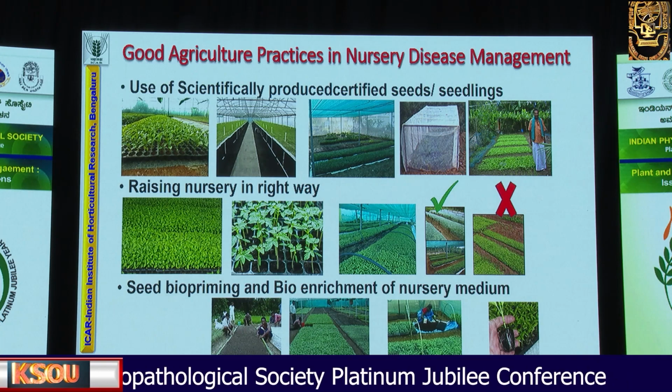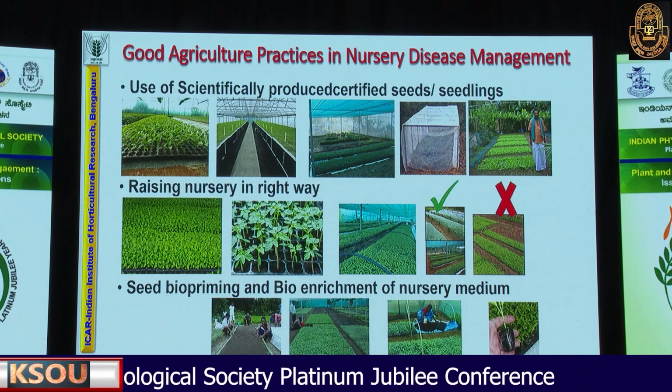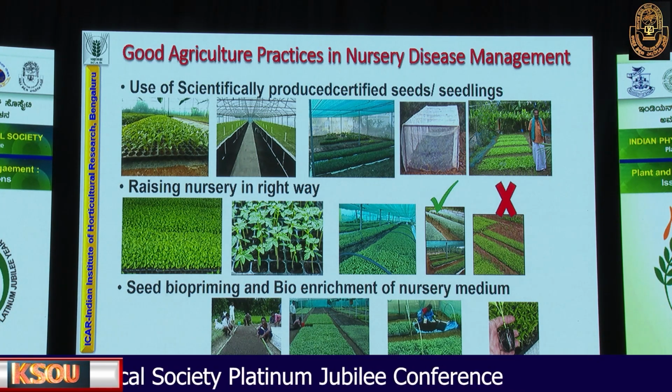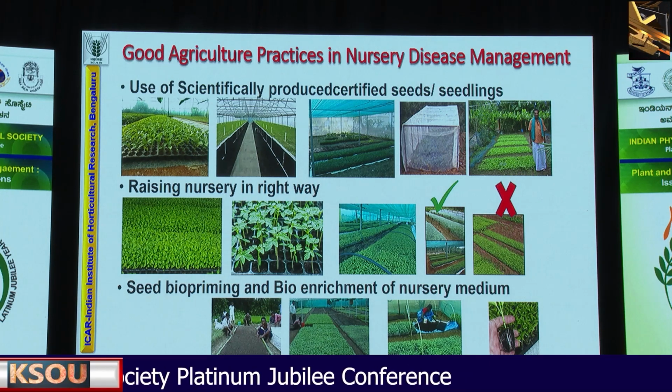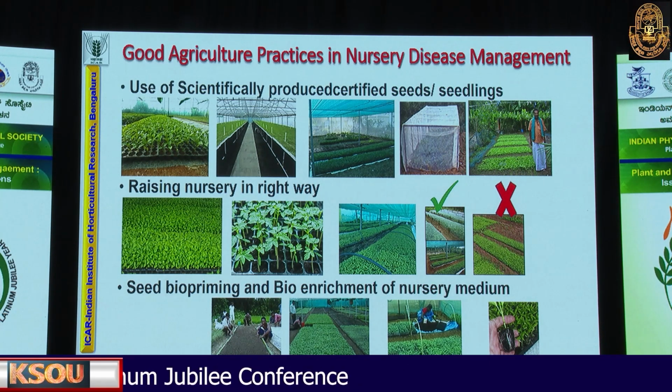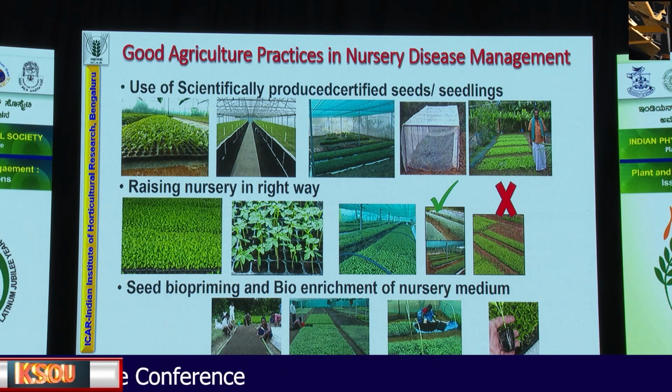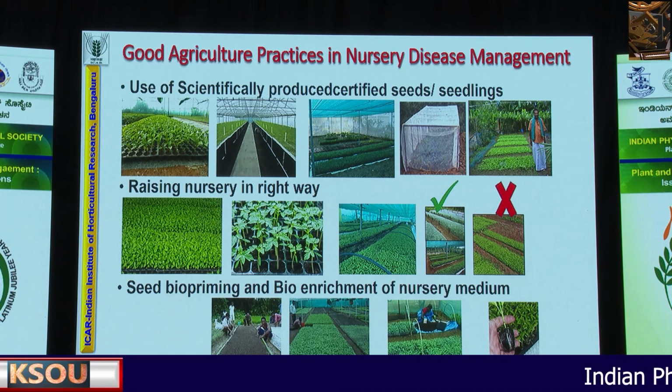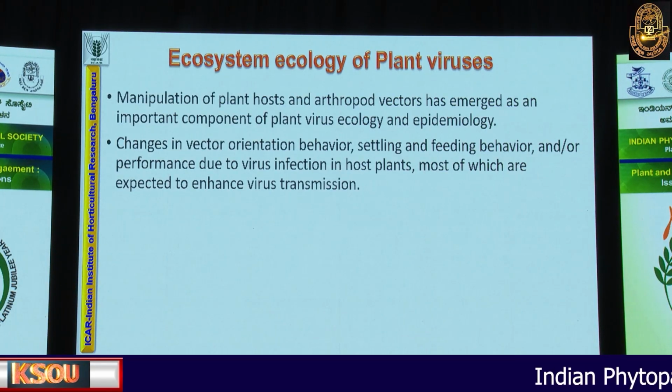If you see the seedlings, the virus presence is nil in the beginning, so the seedlings are protected in the early stage and will give healthy plants in the ground. Further, to develop resistance or strength in the seedlings, we need to apply bioagents, biopriming at the seedling stage, so that they perform very effectively.